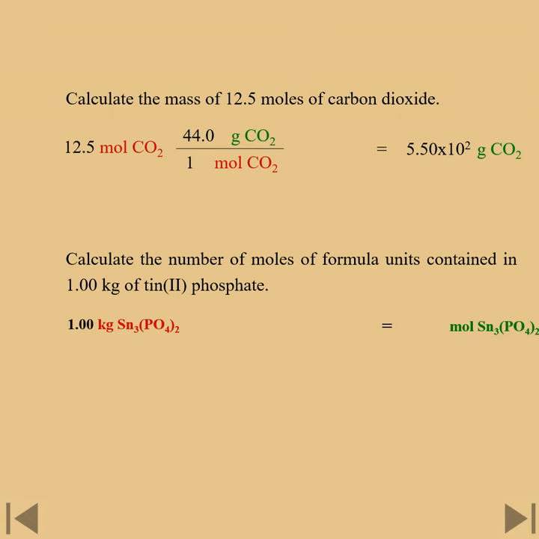And now step 3, let's get out of kilograms. Can we go straight from kilograms to moles? No, we need to first be in the mass unit of grams. Then from grams, we can go to moles.